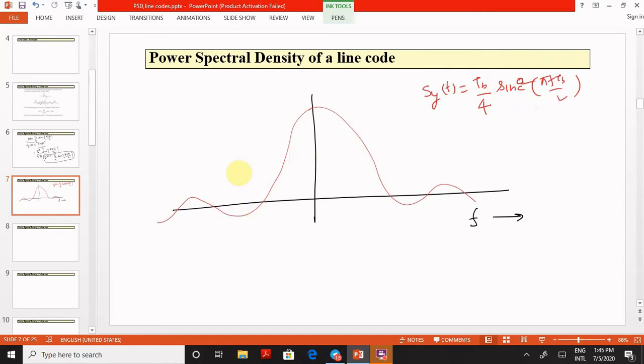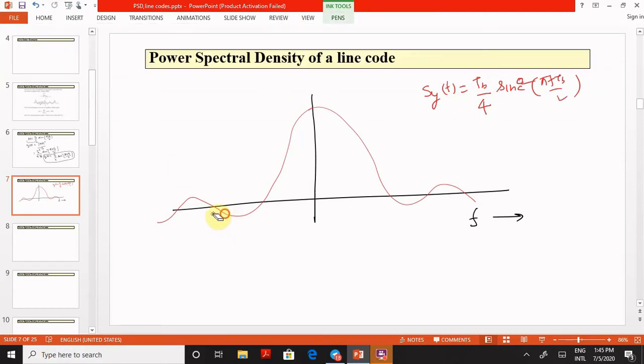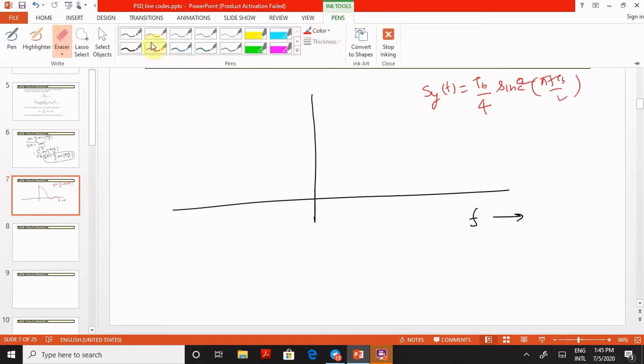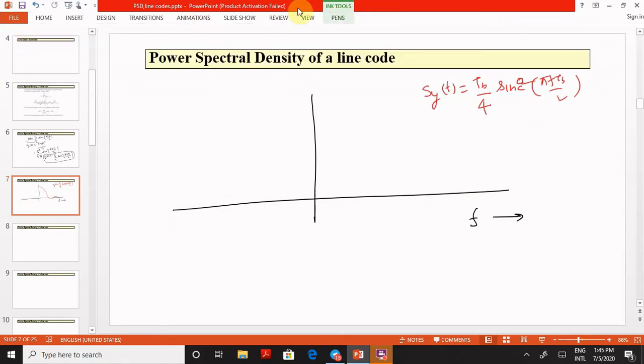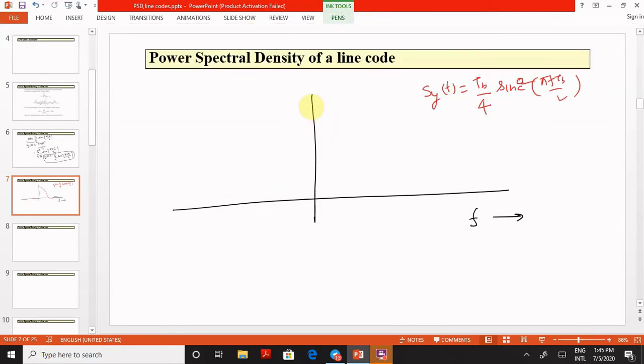And if you are making the square of this sinc pulse, it means that all these negative portions will become positive portions. So we can simply erase these negative portions, and now we can redraw this pulse like this.